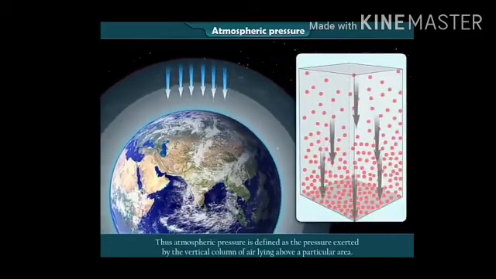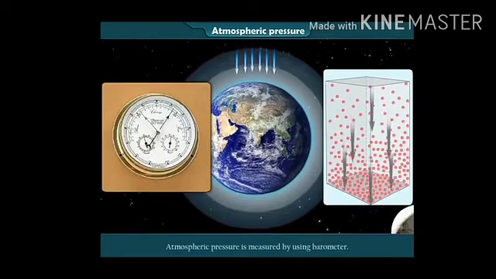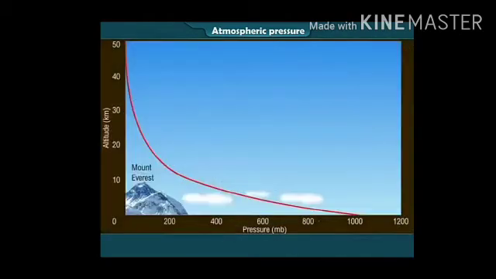Thus, atmospheric pressure is defined as the pressure exerted by the vertical column of air lying above a particular area. Atmospheric pressure is measured by using a barometer. The unit of measurement of atmospheric pressure is the millibar, written as MB.